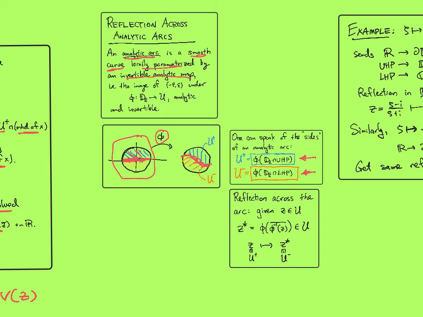So given a point on this image of phi, I can reflect it, z star, by taking the inverse map, which takes me back to this symmetric domain here, reflecting with a conjugation, as I've done here, and then mapping back over. And so this will send one side of the analytic arc to the other side.